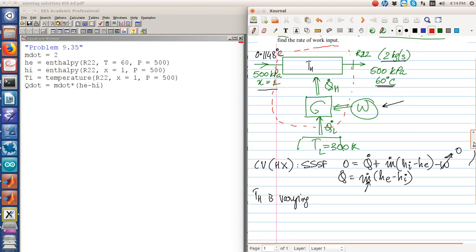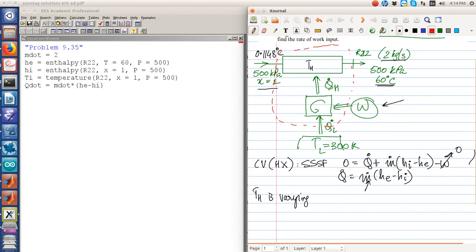For the entire control volume, if I write down the first law for a steady state, steady flow process, 0 equal to Q dot L, because heat is absorbed by the system, plus M dot HI minus M dot HE minus W dot.